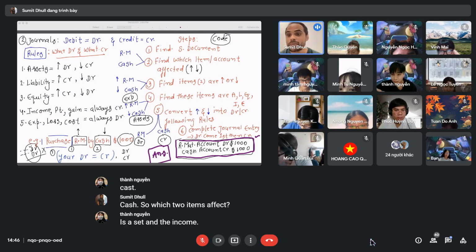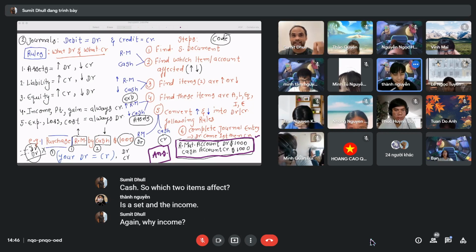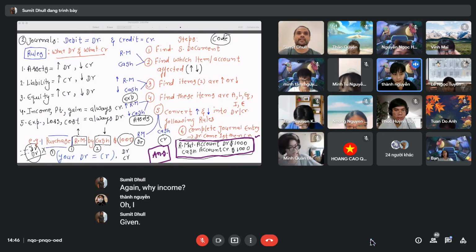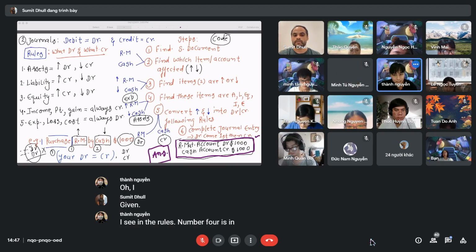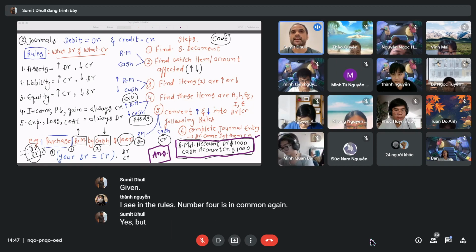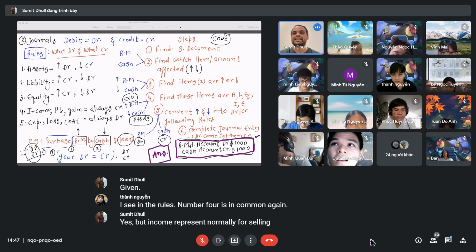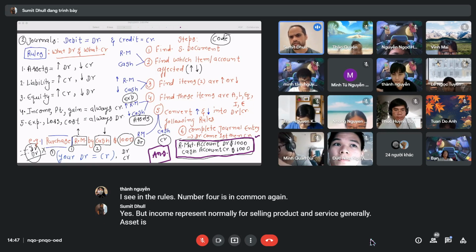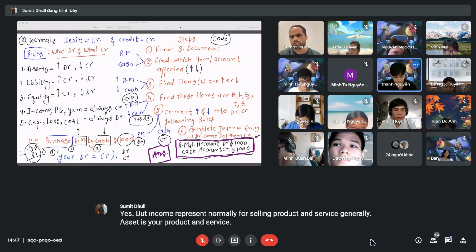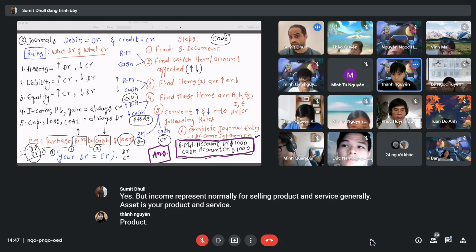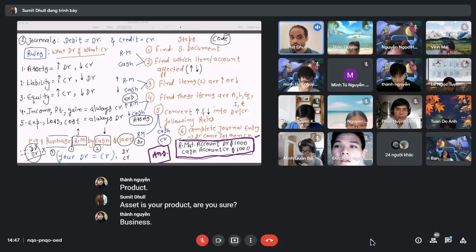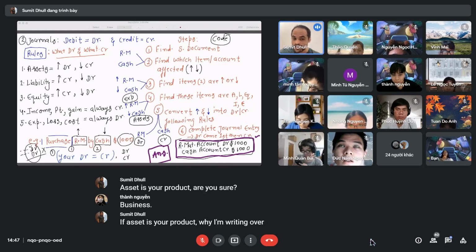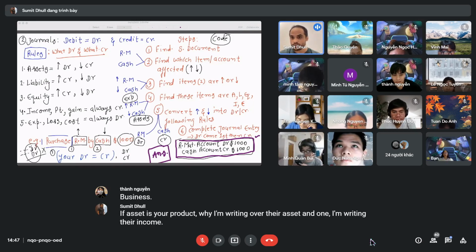Again, why income? I see in the rules number 4 is income and gain. Yes, but income normally represents selling product and service generally. Asset is not your product. If asset is your product, why would I write asset over there and income over there?